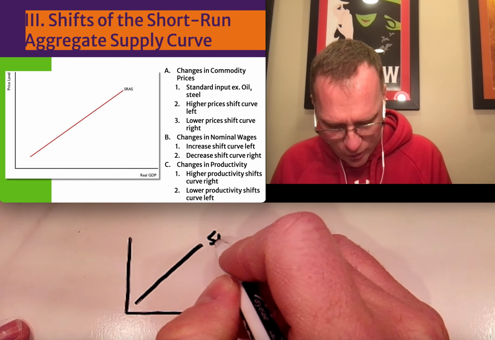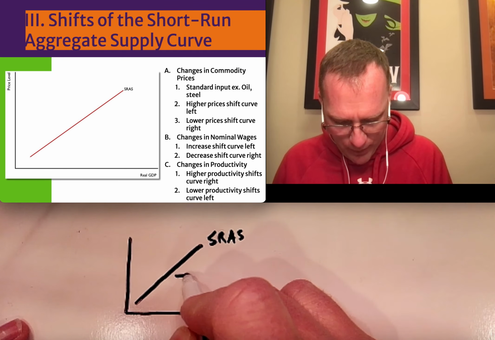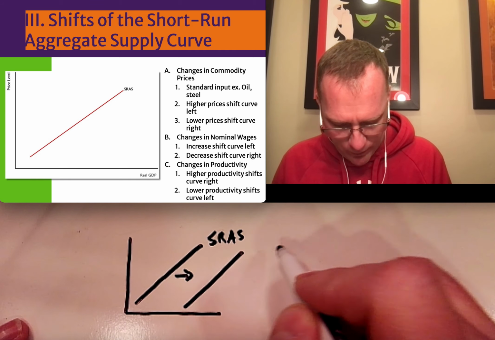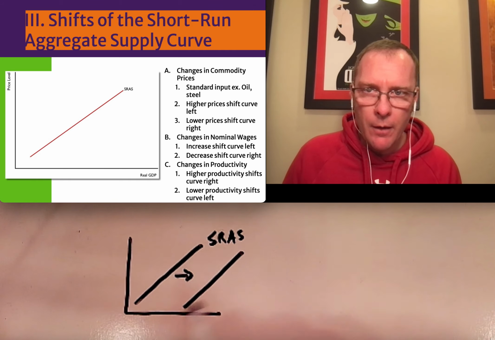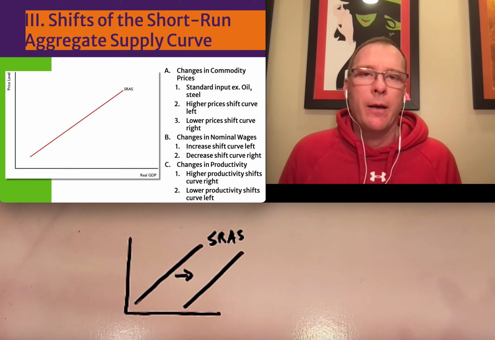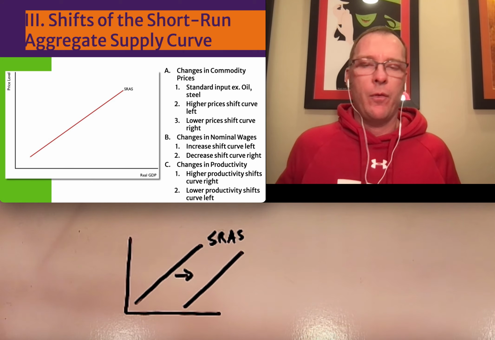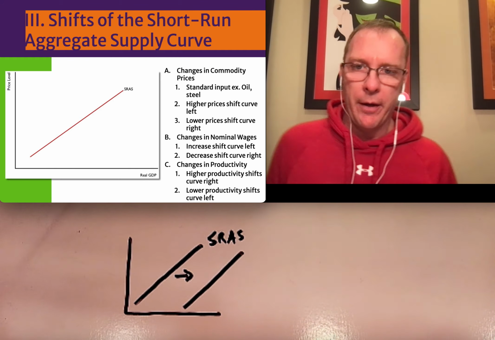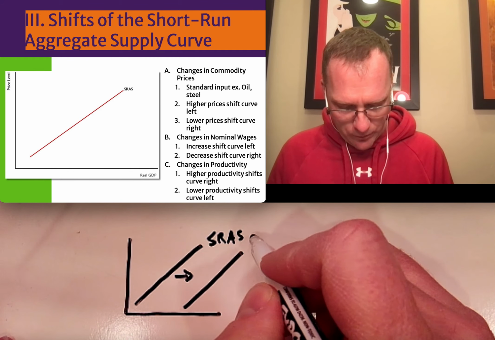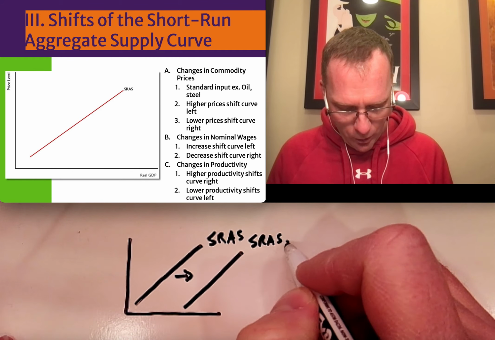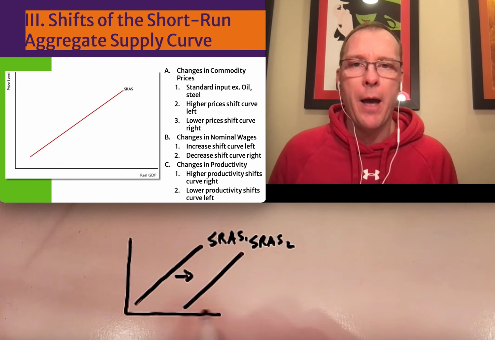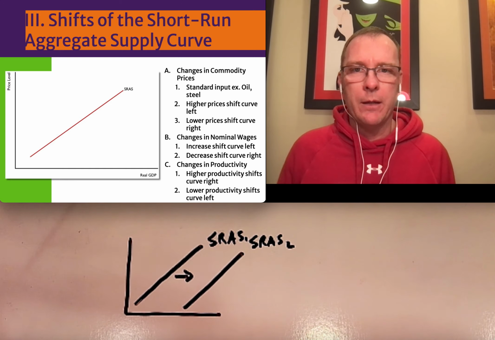So if this is my short run aggregate supply curve, if that's going to move to the right, for example, I might see something like a decrease in the price of oil, or maybe we found some new oil someplace. And so now I'm going to have short run aggregate supply 2 over here because somehow things were easier for me to produce.